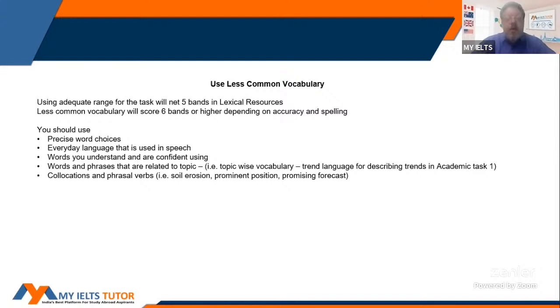And then you want to use collocations and phrasal verbs. These are basically short word phrases, 2 to 3 words. Collocations: soil erosion is a good collocation, prominent position, promising forecast. These are good collocations.